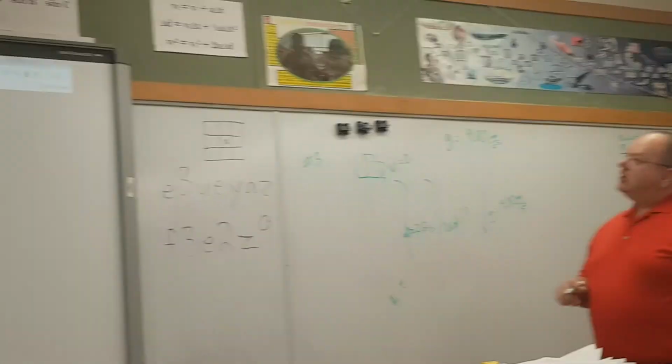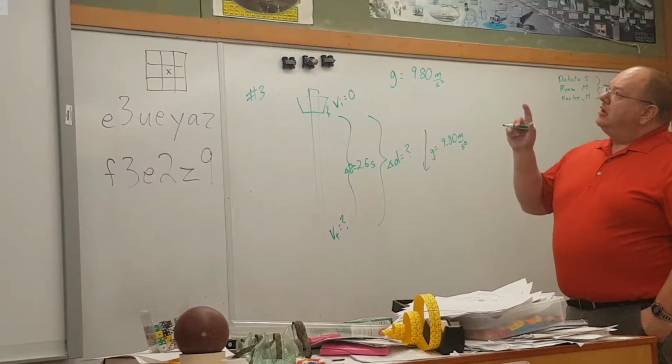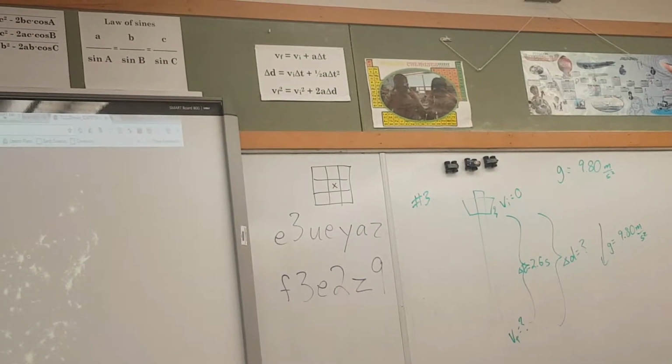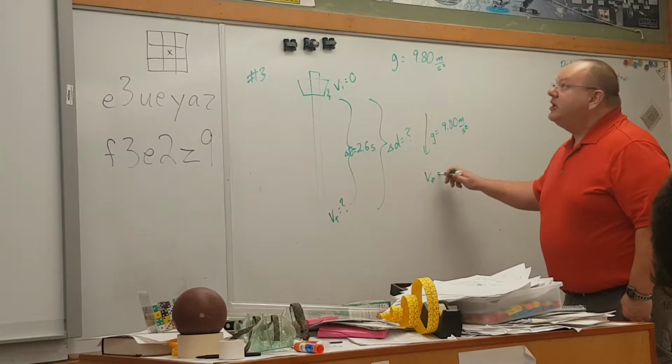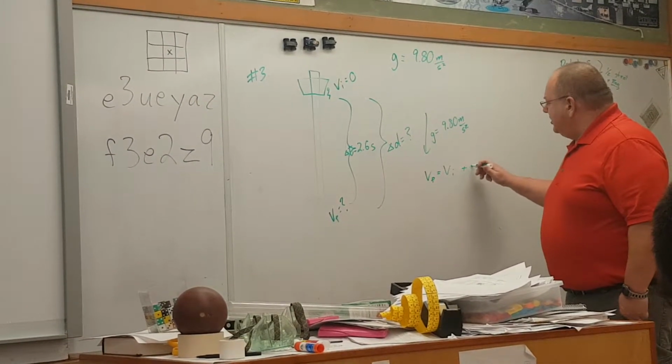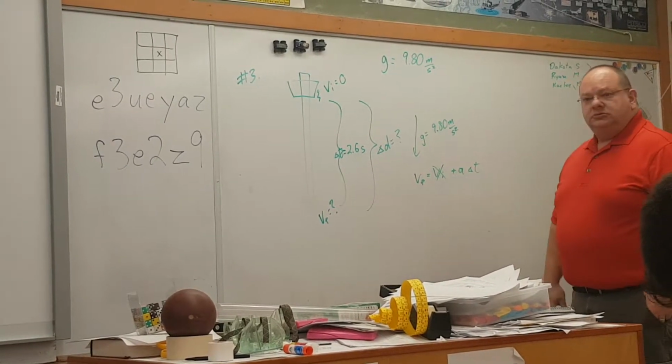So now we look at our equations, and as we're looking for VF, let's use the first one. VI plus A delta T. We've got everything there. So VF equals VI plus A delta T, and VI is 0, so get rid of it.